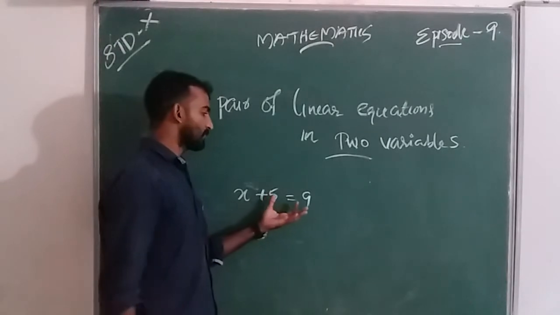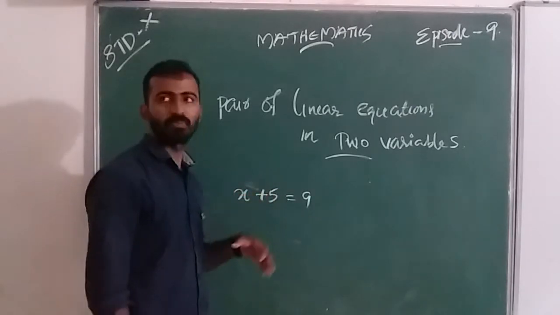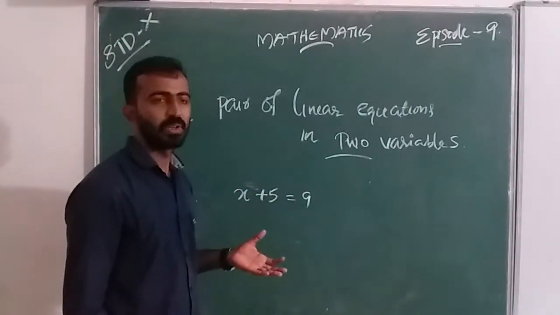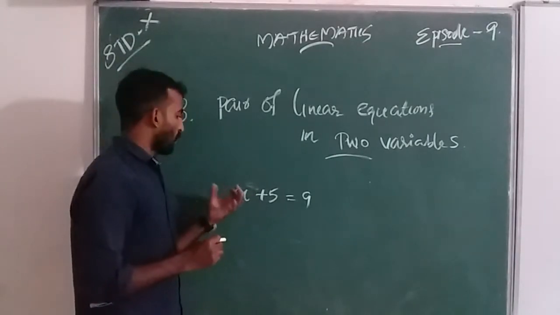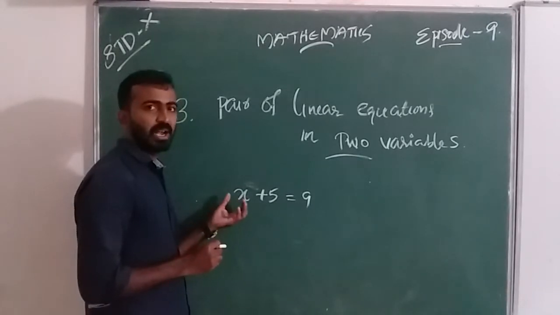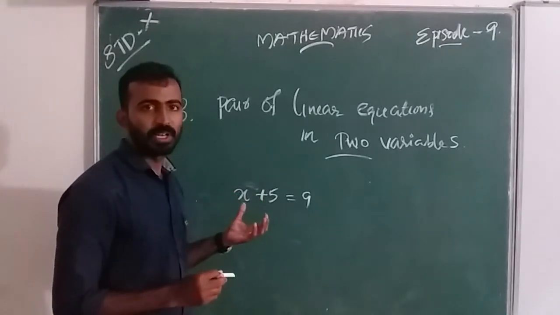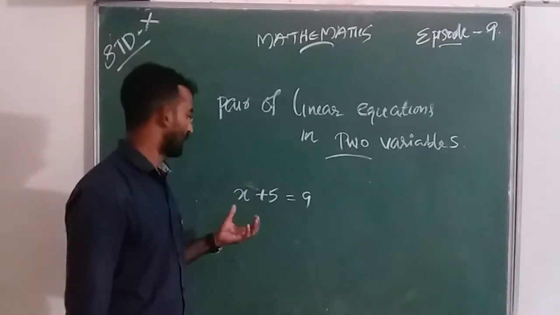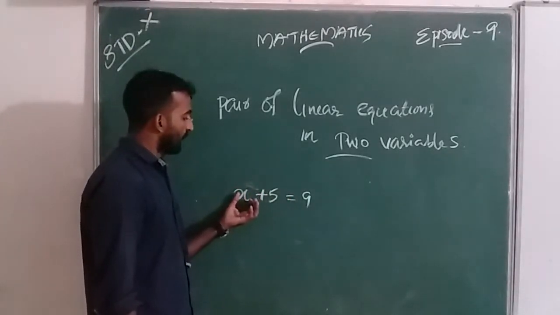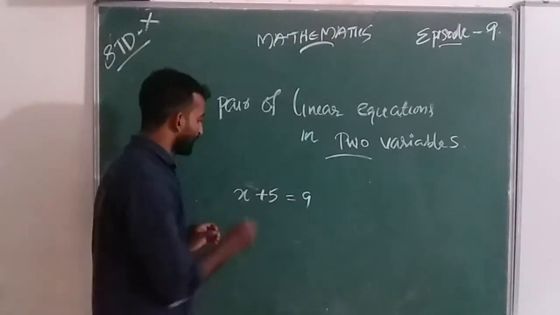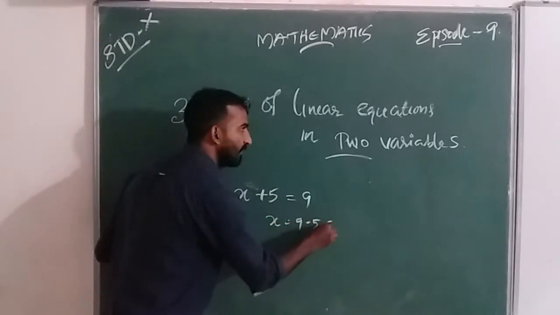Here we didn't know the value of x. x is a variable. For x plus 5 equal to 9, we want to find the value of x. x equals 9 minus 5, and we get 4.